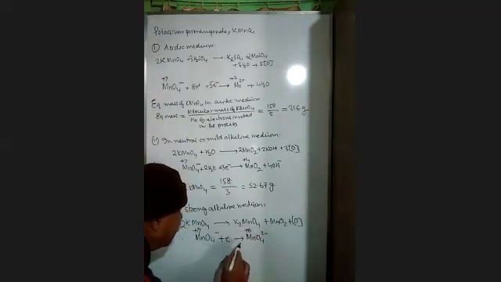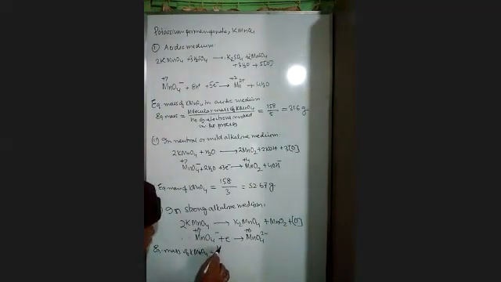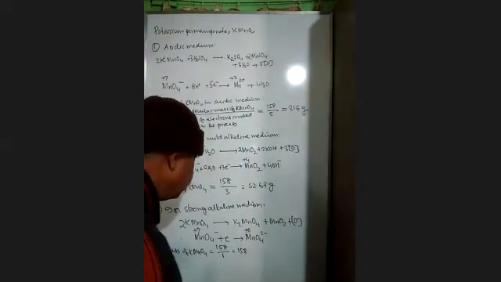So it is single electron oxidation. Okay. So what is the equivalent mass? Equivalent mass of MnO4 is what? 158 divided by 1 is 158 only. So is it not equal to molecular mass?